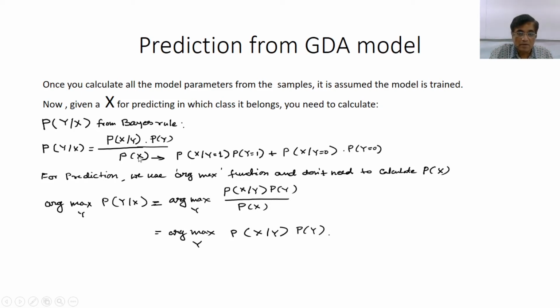This is the prior probability of the feature, which equals, since you have two classes, the probability of this plus the probability of this. This is not contributing; it is a constant term. For any class you calculate this, it will be the same term, and it will not contribute in determining the argmax function value. So that's why we ignored this to simplify our computation.